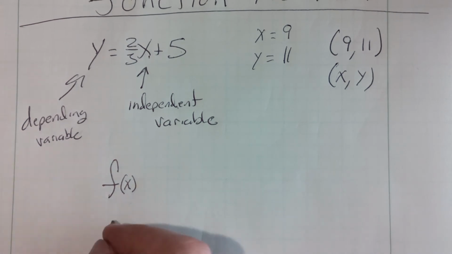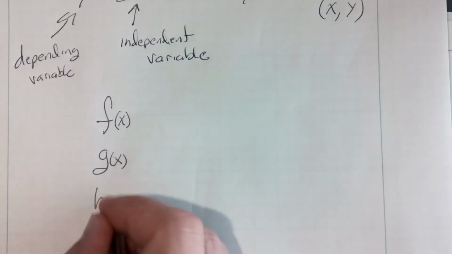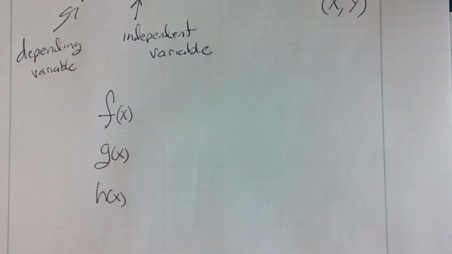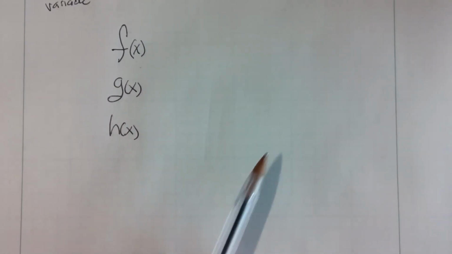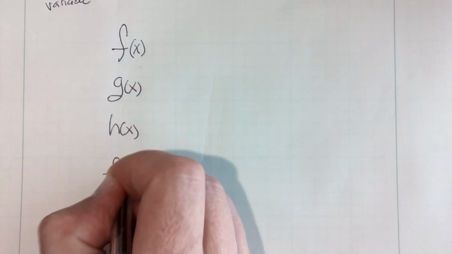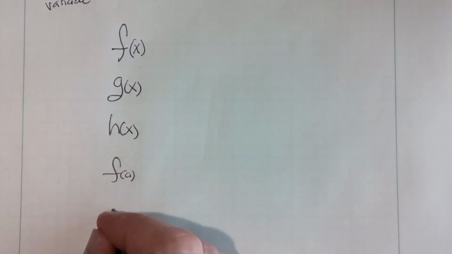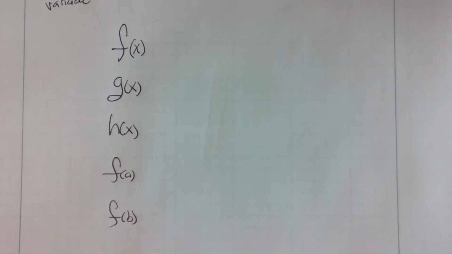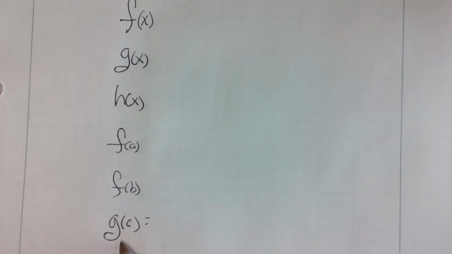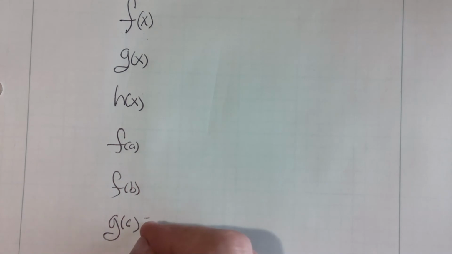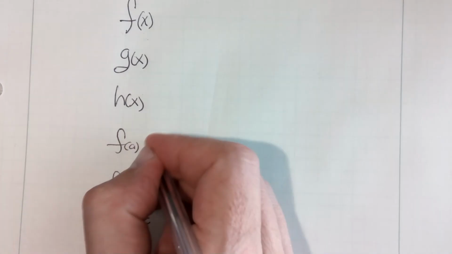I could write g of x, or h of x. The independent variable doesn't even have to be an x. I could have written f of a, or f of b, or g of c. All these are just the outcome, the y value. I'm hoping you remember that from last year's mathematics class.